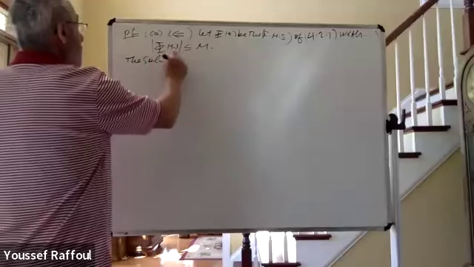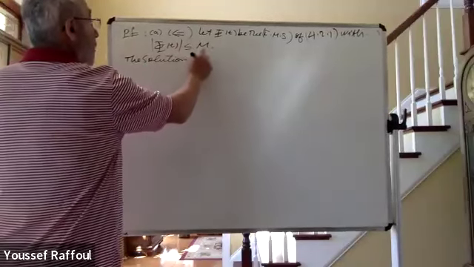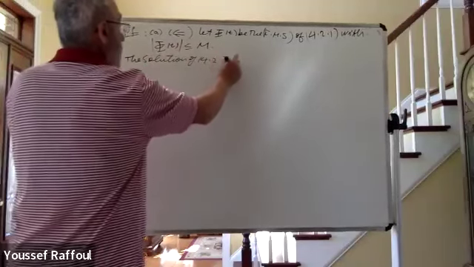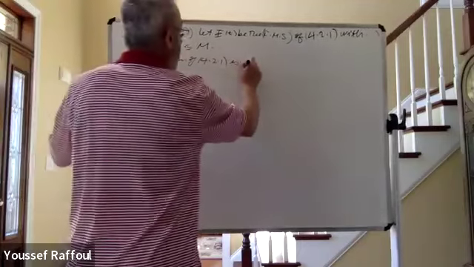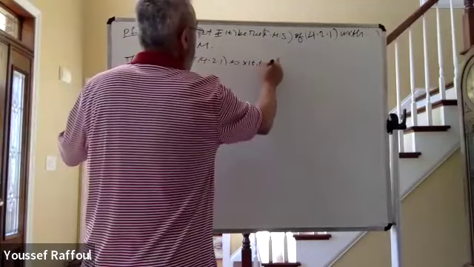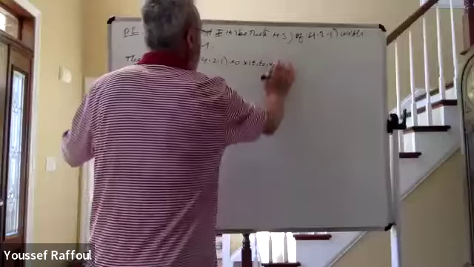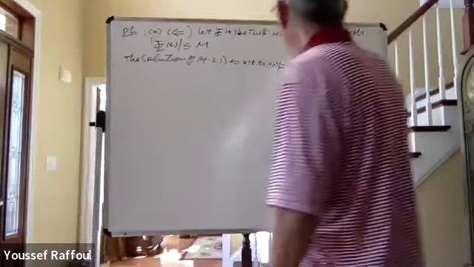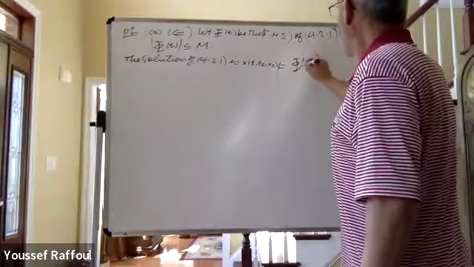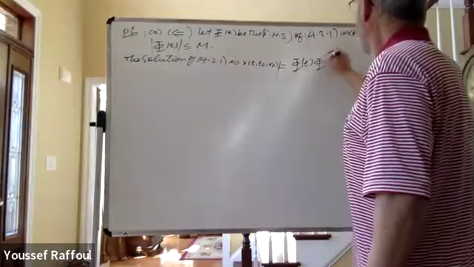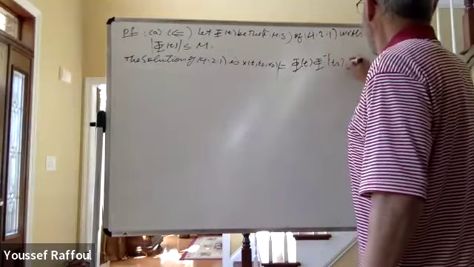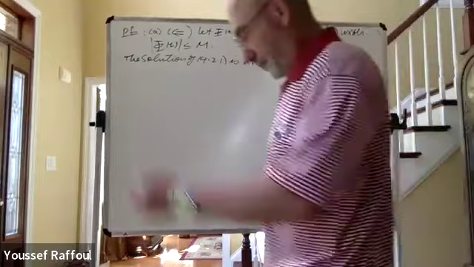Now, the solution of 4.2.1 is x(t, t naught, x naught) equal to phi(t) phi inverse of t naught x naught.